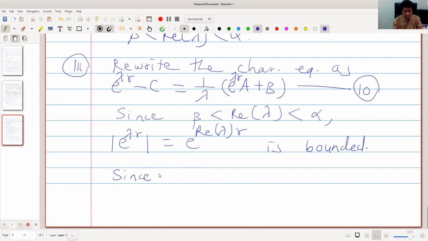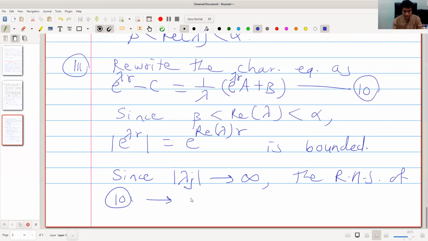Since mod of lambda j tends to infinity, the right hand side of 10 tends to 0 along the sequence lambda j.